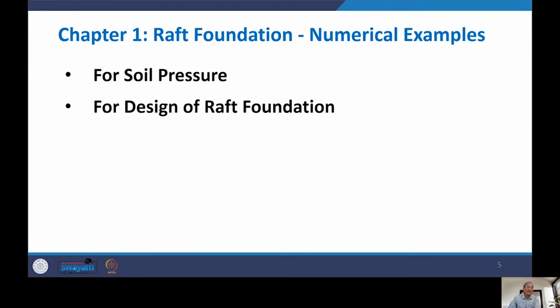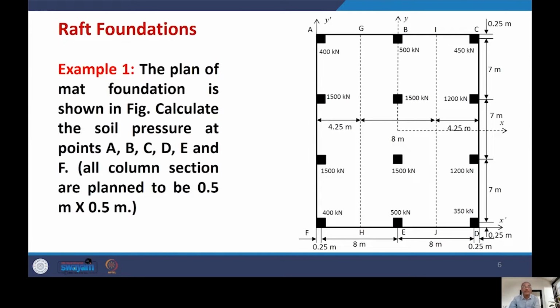So the first one, example number 1, is on the soil pressure, how to calculate the soil pressure. What you could see in this figure is a raft foundation, and this raft is below 12 columns. The load carried by each column is shown here in kilonewtons.